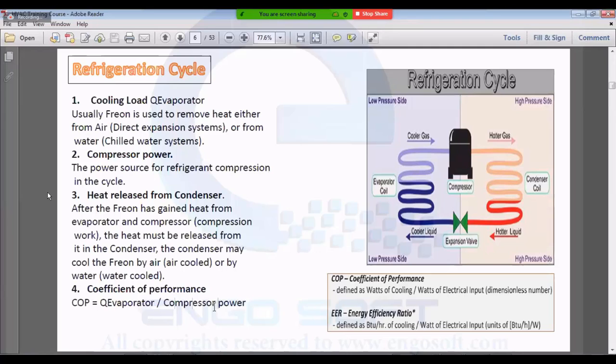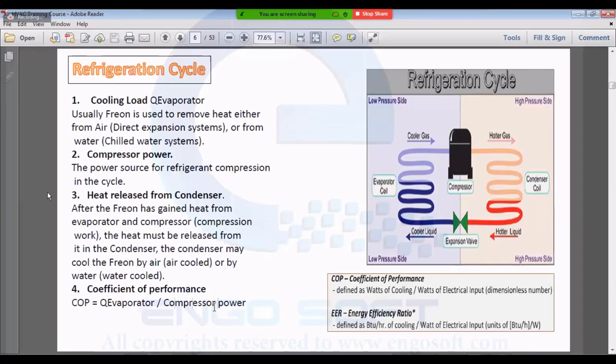What split unit will you install in your building? COP as in what? What is COP? Are you talking about calculating the area, something like that? No, I'm asking about the coefficient of performance. The coefficient of performance is called COP.